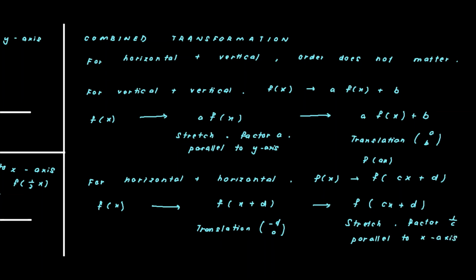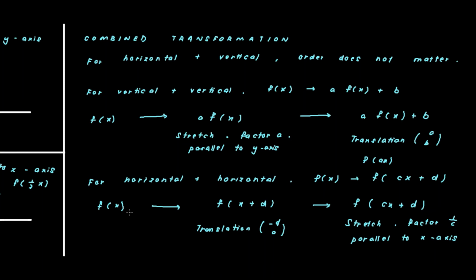All right, this is something that you need to be very careful about when you solve questions involving combined transformations. For vertical and vertical, you just follow the order like how you solve algebra. For this one, it's still very logical, but you need to be mindful that you cannot multiply c and then add d, because the idea is we substitute the x.